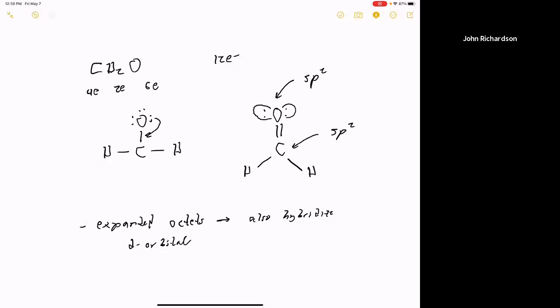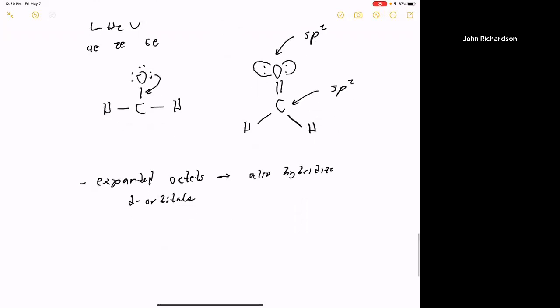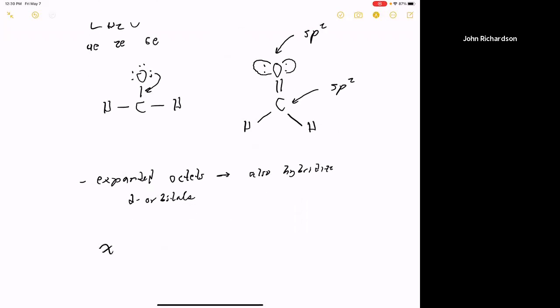So if we can do s's and p's, we can also do d's. And remember that expanded octets come into play when we put electrons into d orbitals. So let's look at something like XeF4, xenon tetrafluoride.